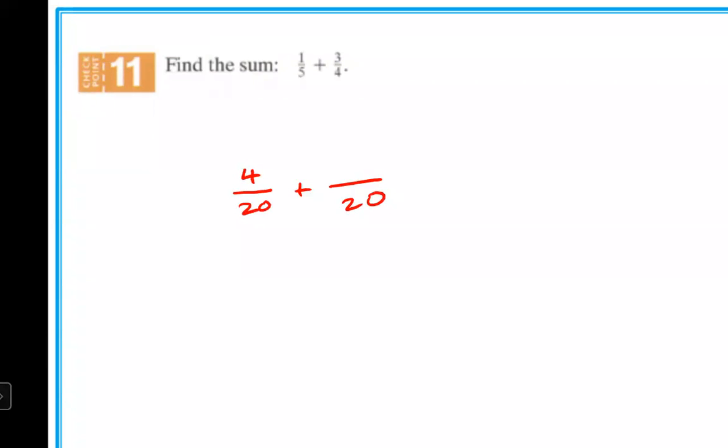And then when you move from 4 to 20, what factor are you upping that 4 by to get to 20? 5. 5 times 3 is 15. So you have to do the same thing to the numerator. So the numerator becomes 15. All right. So the answer then would be 19 over 20.